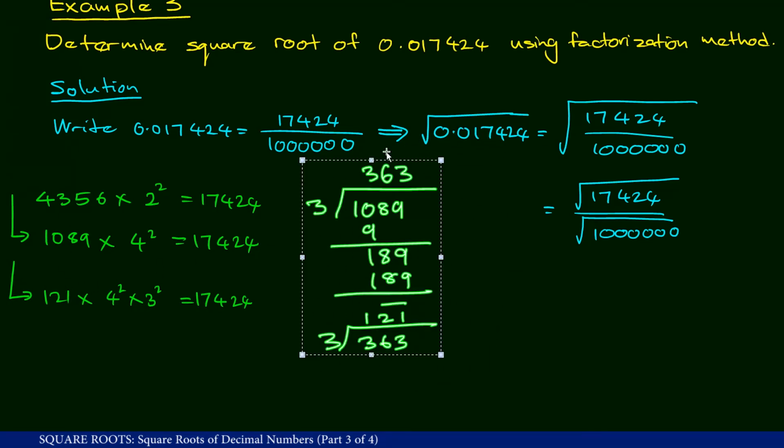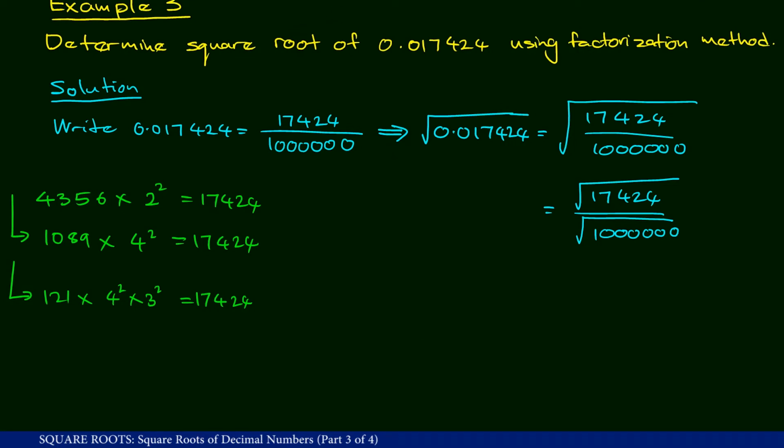So now we've got 121. Can you guess what 121 is? Yes, 121 is equal to 11 squared. So finally, we can conclude that 11 squared times 4 squared times 3 squared is equal to 17,424.